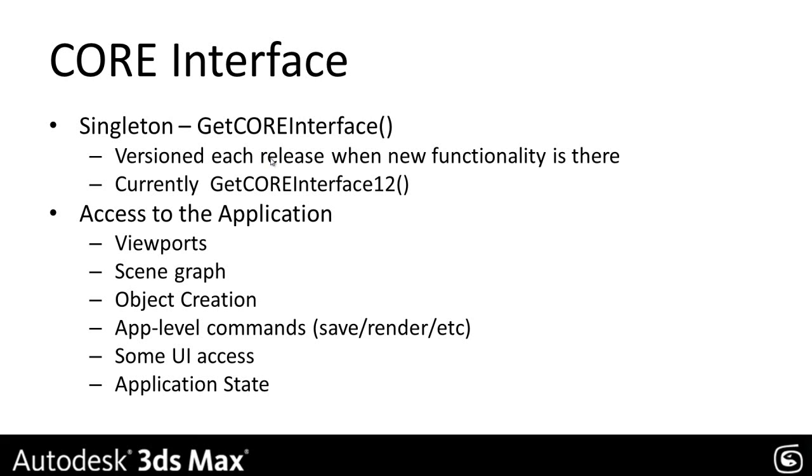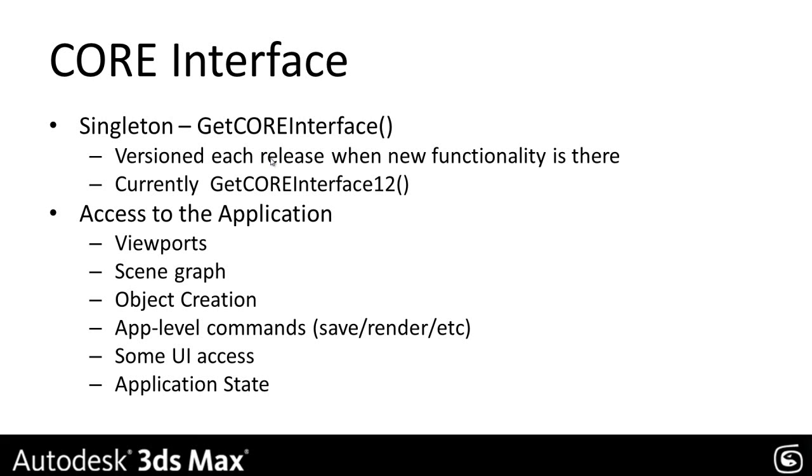So for example, you can do things like save and initiate the renderer. There's some user interface access, so the built-in user interface in particular is available from the core interface. And also things like the application state. What state is it currently in? You can call that from the core interface.